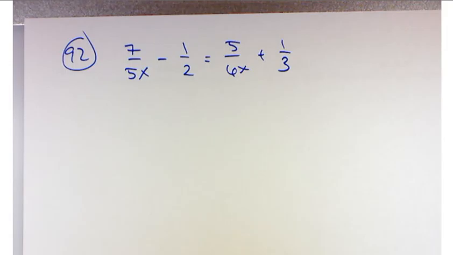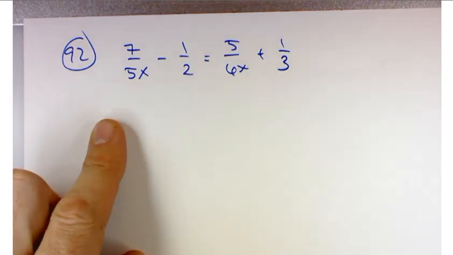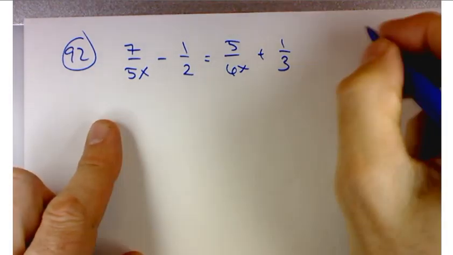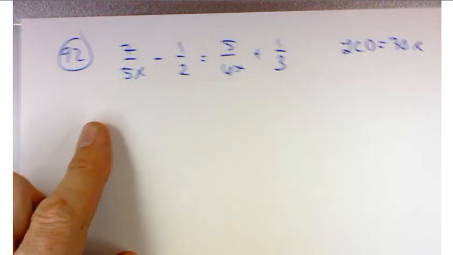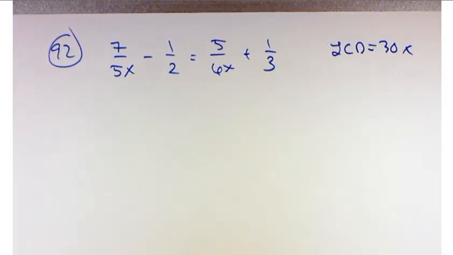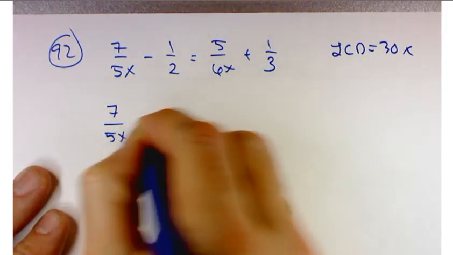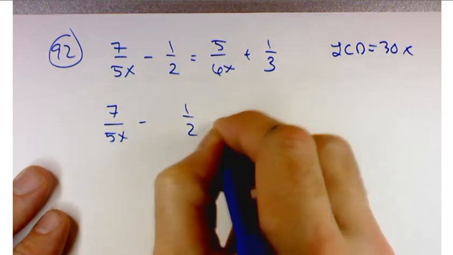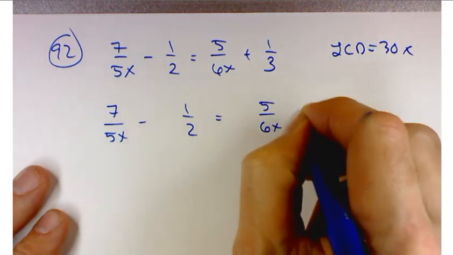All right, a little bit more work here, Amila, to figure out what the LCD is going to be. 30, good, 30x. So our LCD is 30x. All right, good. So everything here is going to get multiplied by that LCD. And if we chose our LCD correctly, then we shouldn't have any fractions left after we finish that multiplication.